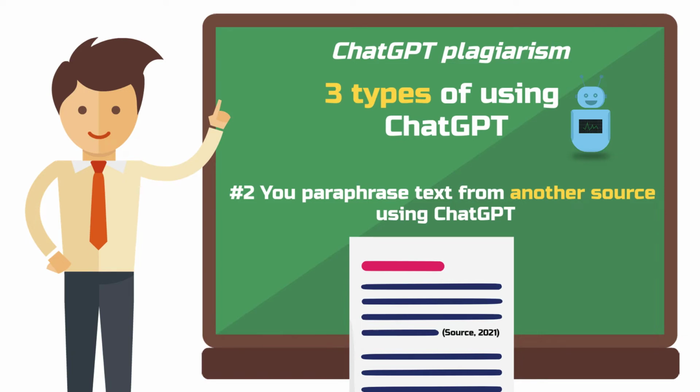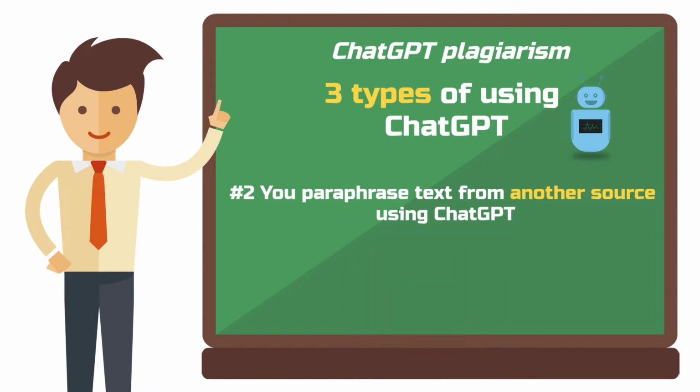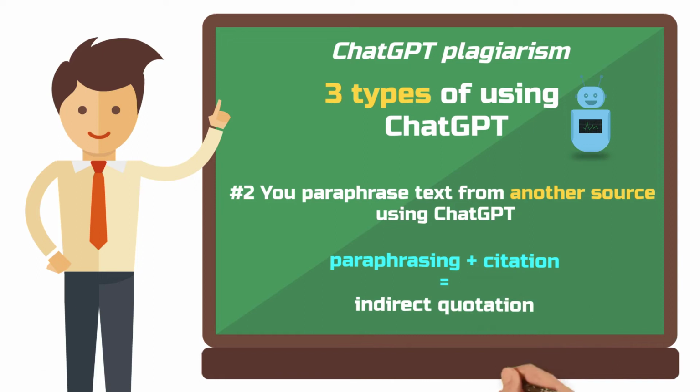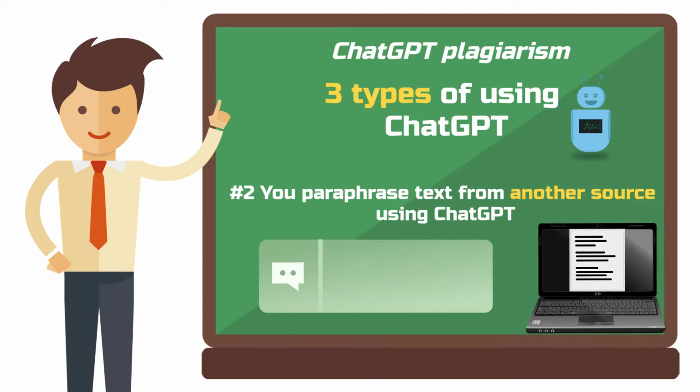Let's look at two cases. First, you indicate the original source. Paraphrasing is a useful technique of working scientifically, and with correct indication of the original source, it is nothing other than an indirect quotation. If you use ChatGPT in this way, you are not committing plagiarism.